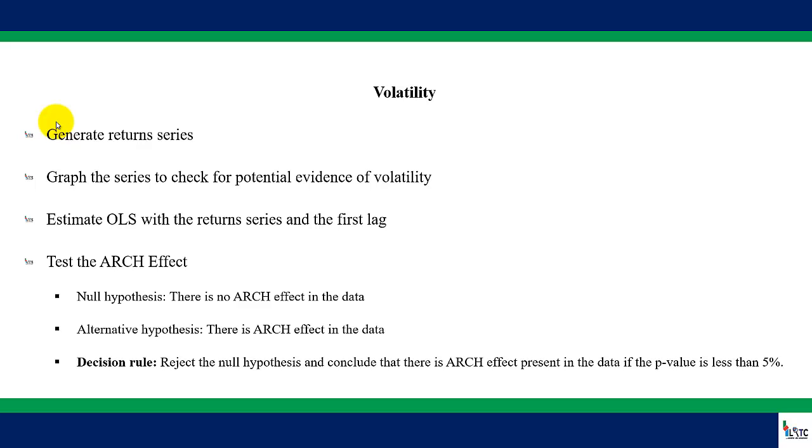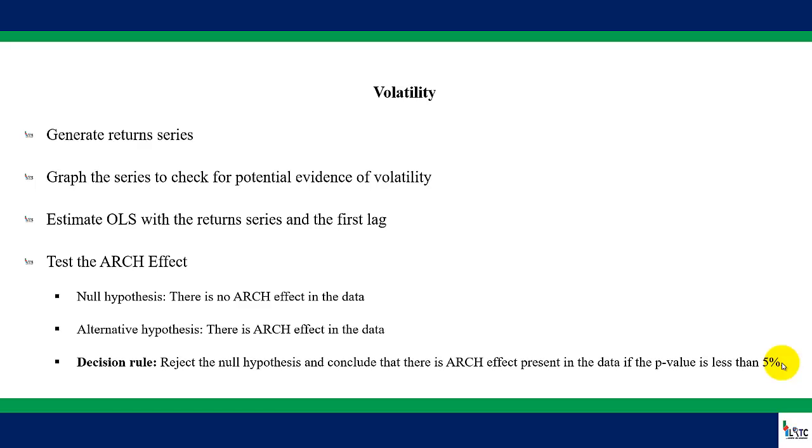The decision rule for this particular test is simple and straightforward. Reject the null hypothesis and conclude that there are ARCH effects present in the data if the probability value, take note of the probability value, is less than what? 5%. So if the probability value is less than 5%, then you conclude that there is ARCH effect in the data and proceed to the estimation of ARCH in Eviews.